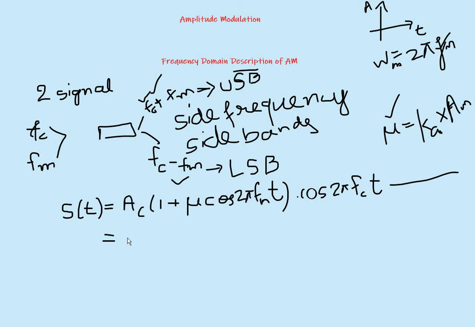If we open this bracket and multiply, we will get AC cos 2 pi fct. Try to multiply it by yourself and see whether you are getting the same answers or not. Try to do it by yourself.